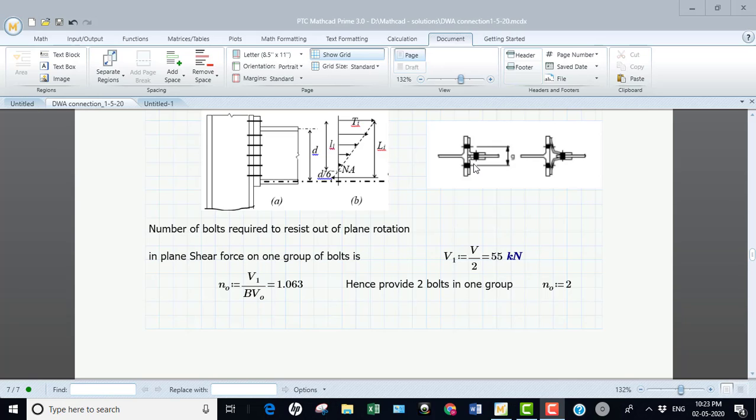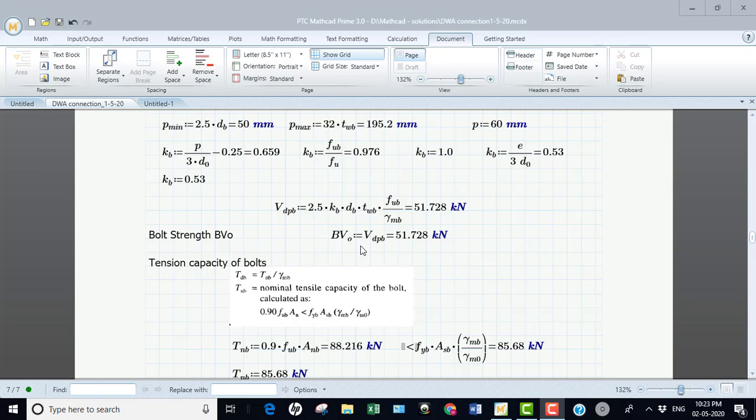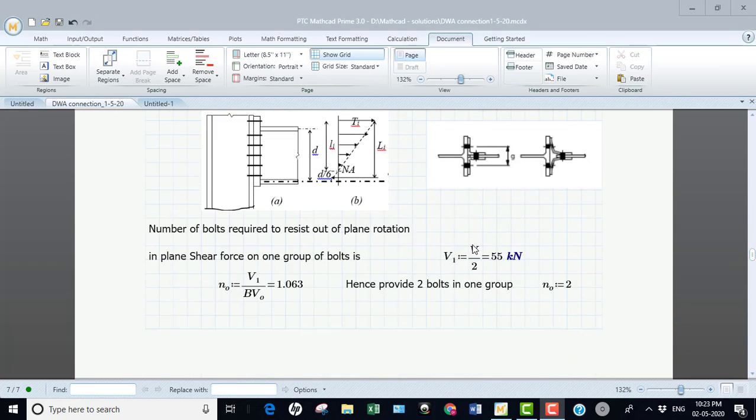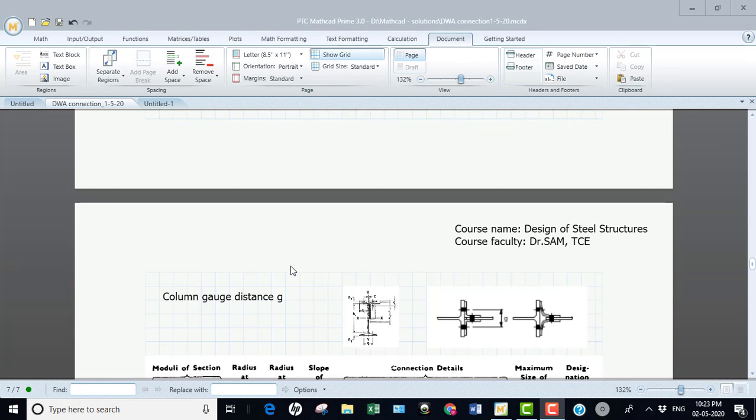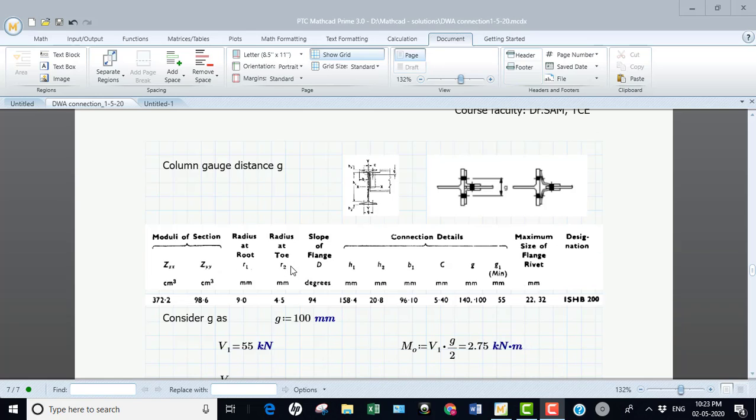This will be the shear expected at this bolt group. To find how many bolts are required, you divide the shear by the shear capacity of the bolt under out of plane rotation. We found that two bolts are required on each side of the web of the beam. Therefore, we'll go for checking the capacity of the bolt under this condition.